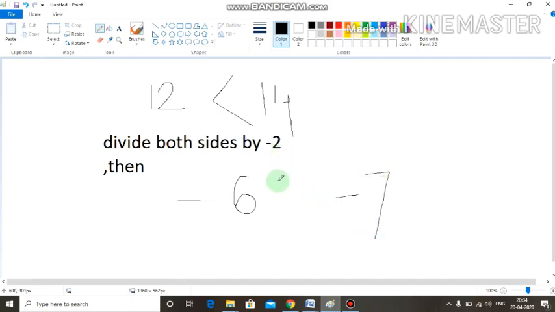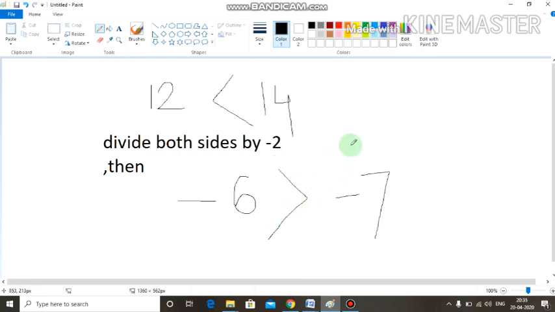So now which unequal sign will be placed here? Obviously minus 6 is greater than minus 7. So if we divide both sides by a negative number, in that case also, the less than has changed to greater than.